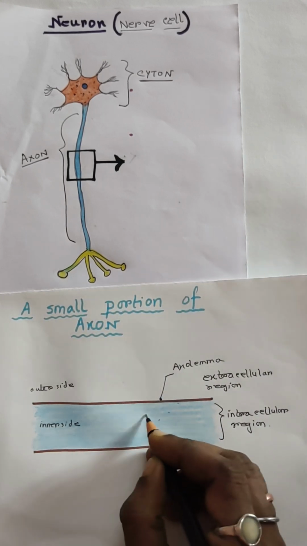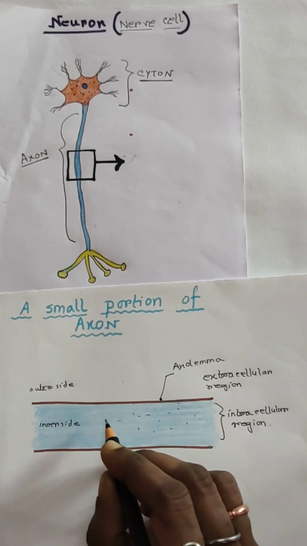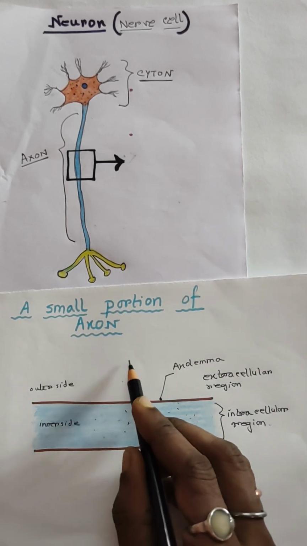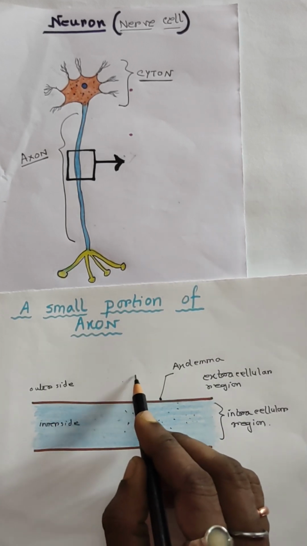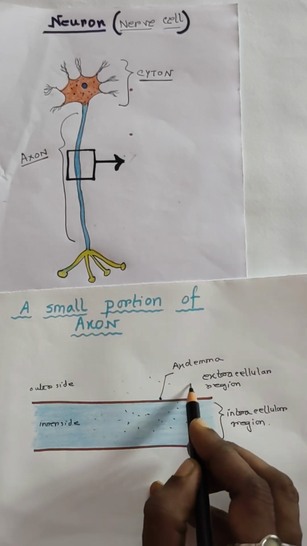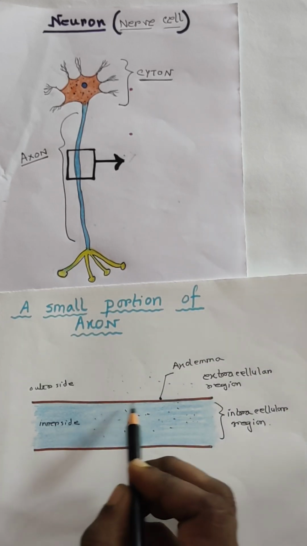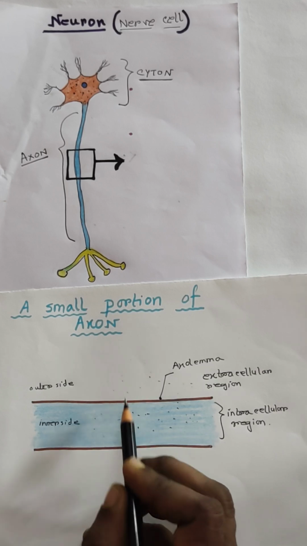The fluid inside the intracellular region is called the intracellular fluid, and the fluid at the outer portion is called the extracellular fluid. And here the axolemma is separating these two parts.